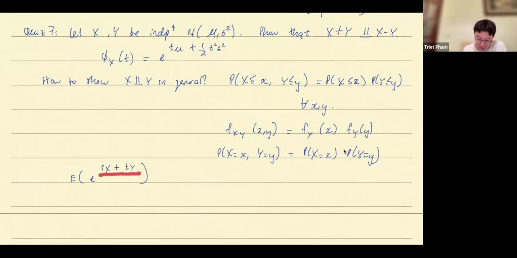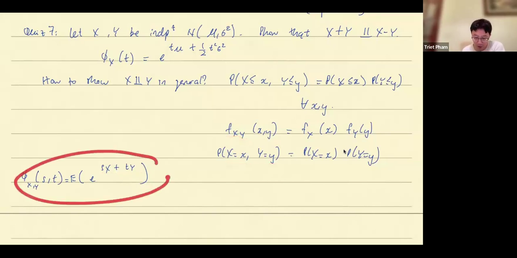So this is basically the joint moment generating function of X and Y, just like the joint density or the joint distribution function.